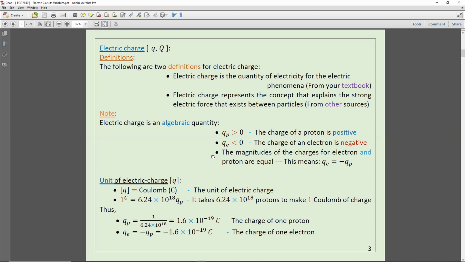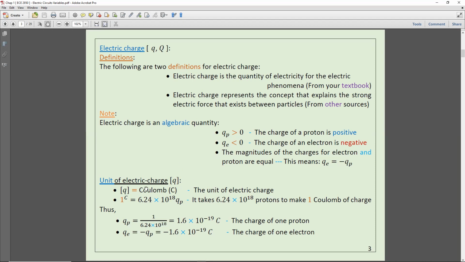You may know from previous courses that the magnitudes of these two charges are the same. So the charge of one proton is equal in magnitude to the charge of one electron. However, they have different signs, because the proton is positive and the electron is negative, so you need to multiply by negative here.